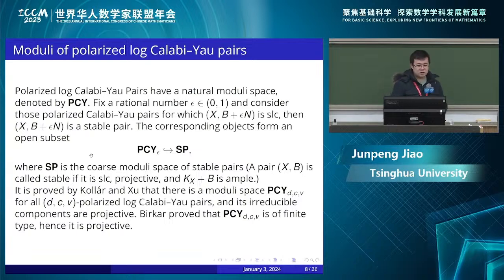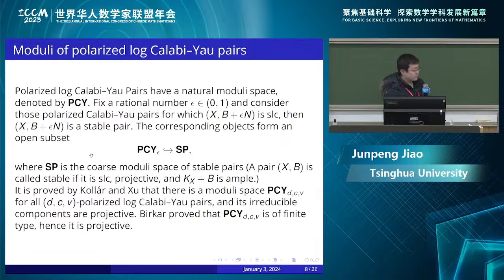Then the corresponding objects form an open subset, that is PCY_ε, which should embed into the coarse moduli space of stable pairs. And it is proved by Kollár and Xu that there is a moduli space PCY if we fix d, c, v for all (d, c, v) polarized log Calabi-Yau pairs, and its irreducible components are projective. That is, there may be infinitely many irreducible components.